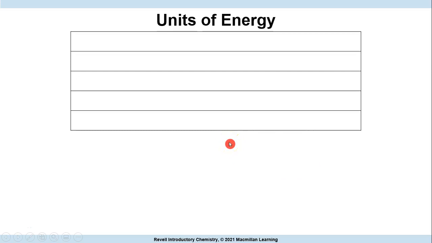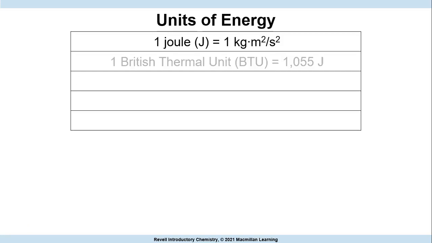Now we are going to look at the units of energy. There are so many units of energy. The SI unit for energy, or you can say the IUPAC unit, is the joule, and 1 joule is equivalent to 1 kilogram meter squared per second squared. Another unit of energy is the British thermal unit, and 1 British thermal unit is equivalent to 1055 joules.